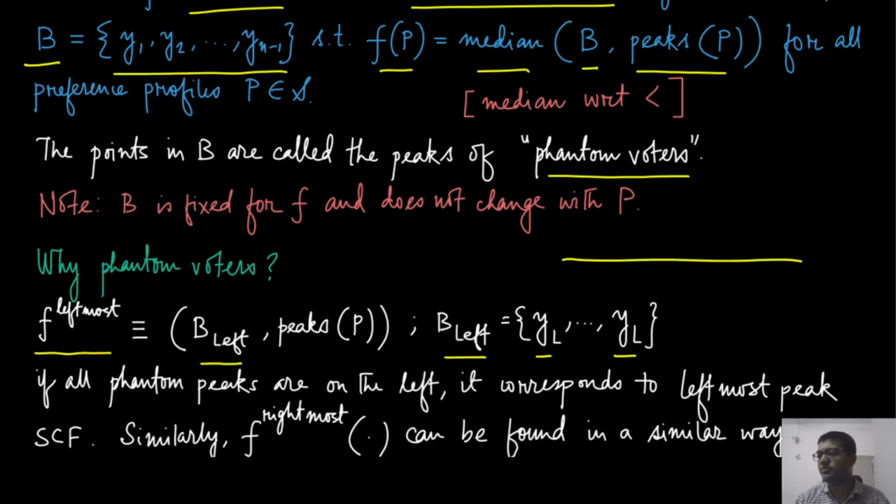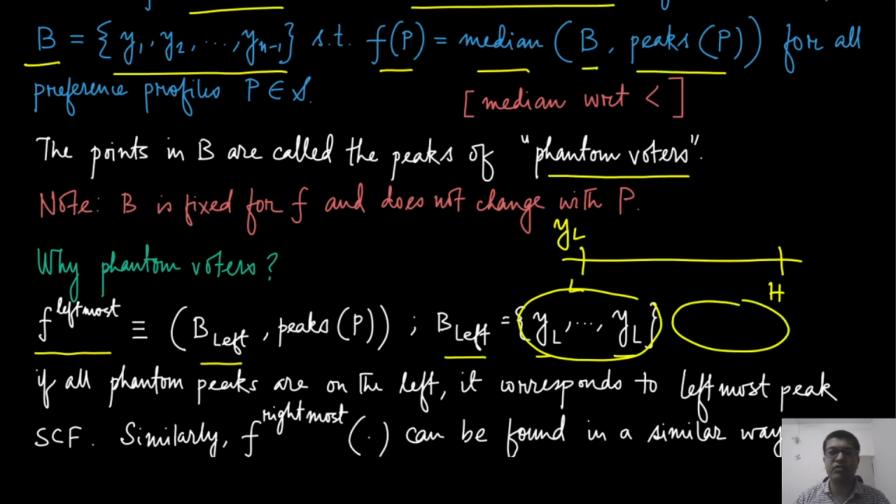So if I have the maximum and the minimum, so this is the lowest and this is the highest, then we can pick all these n-1 phantom peaks as YL, and then the median of those n-1 picks augmented with the n voter picks will always be the smallest of all the agent picks. So this automatically takes care of the social choice function which picks the coldest temperature in the room.